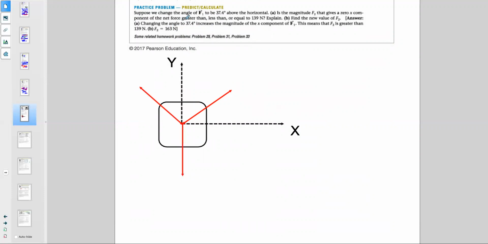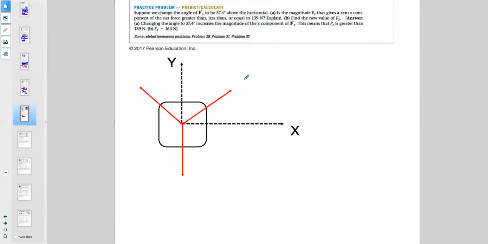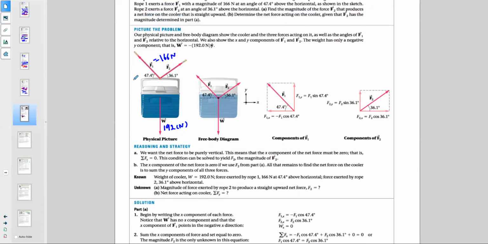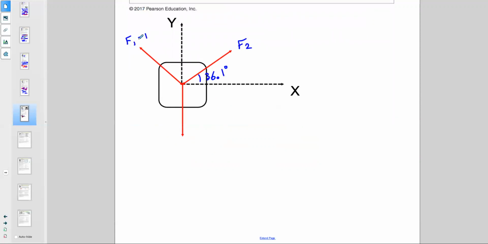So I know that this is F2. This is 36.1 degrees. This is F1, and it is given one more time, 166. This is the W due to gravity, which is just mg, or what is it, 199 newtons?